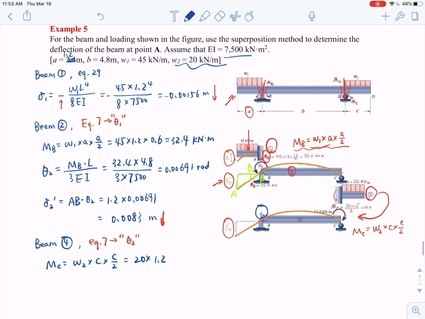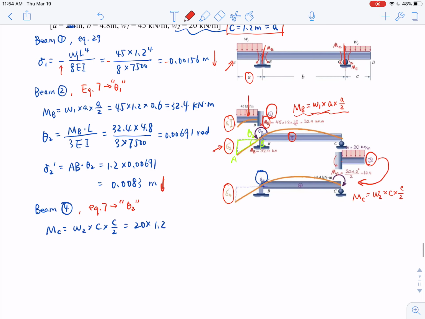We didn't give this number earlier: C equals 1.2 meter, equals A. This times 0.6, and you get 14.4 kilonewton meter.